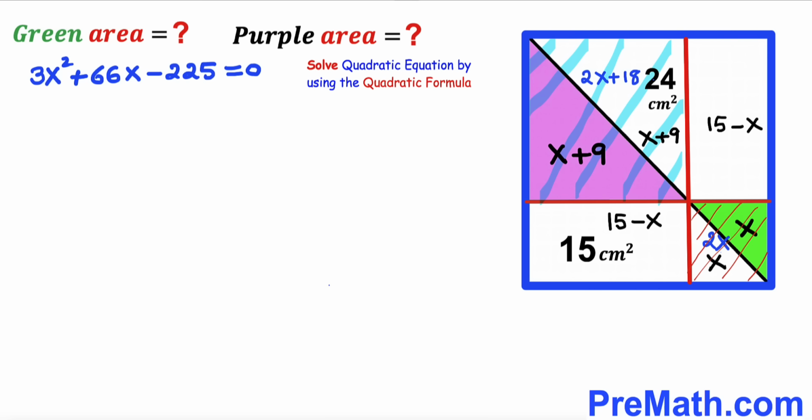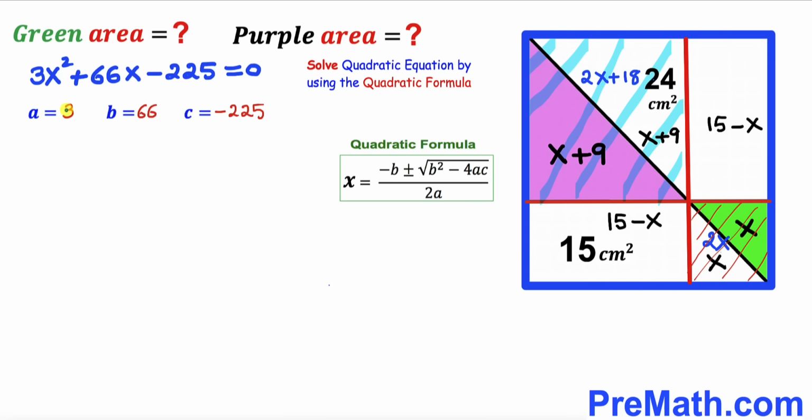So thus we ended up with this quadratic equation 3x squared plus 66x minus 225 equal to 0, and we are going to solve by using the quadratic formula. And here's the quadratic formula that we will be using. And here our coefficient lowercase a value is 3, b value is 66, and constant c value is negative 225.